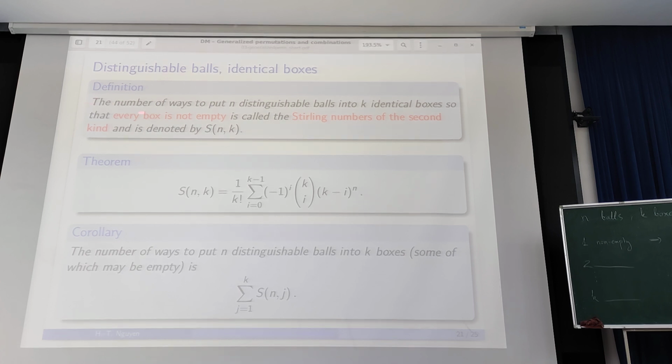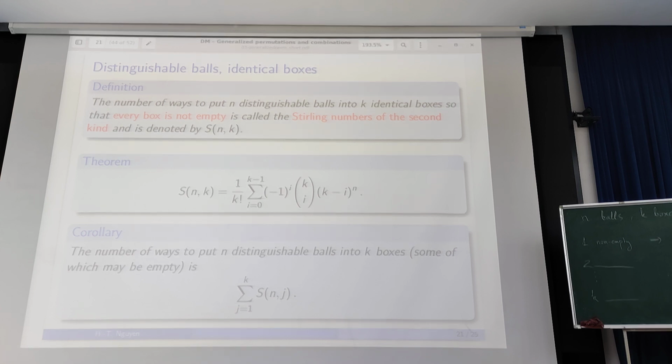What is the case here? Here we have 2 cases. We have a case where the boxes are not empty, and we have a more general setting where some of the boxes may be empty. Which one do we use? Okay, so the second one, since we allow the offices to be empty.